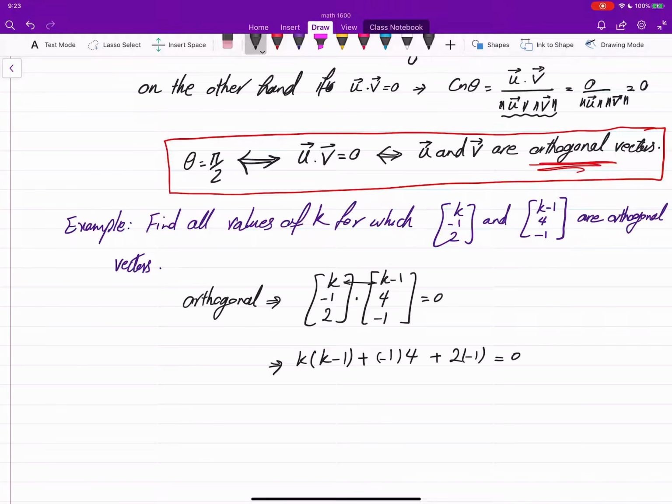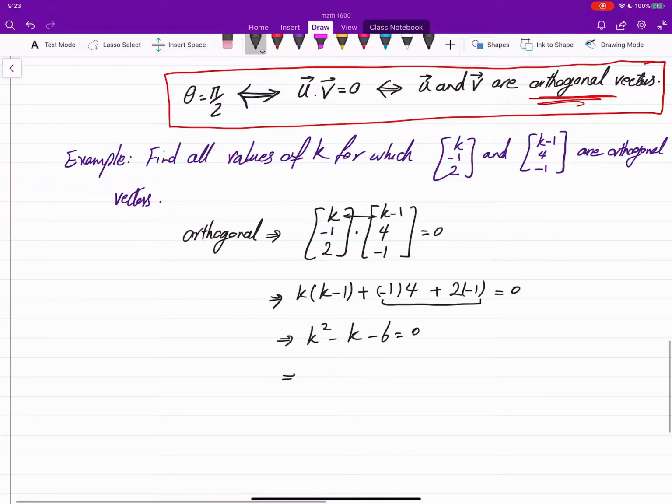So this needs to be equal to 0. So we have k squared minus k minus 6 equals 0. And that means what? Well, we have a quadratic equation for k. We have to solve it.